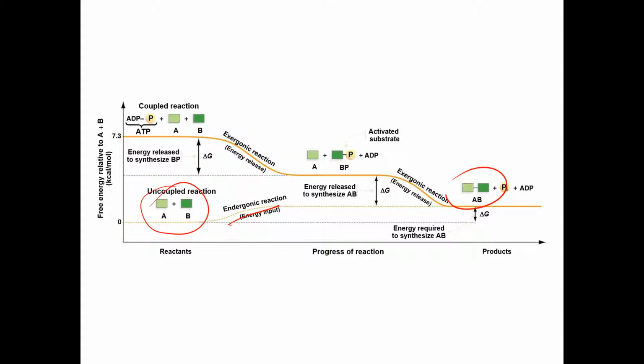The phosphate group in ATP that's produced from your exergonic reaction gets transferred to reactant B. So reactant B has a higher amount of energy, and now it can react with reactant A and you form your product, AB.